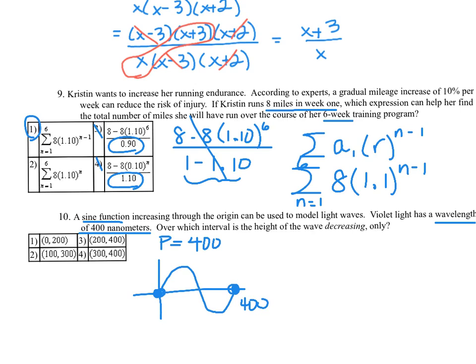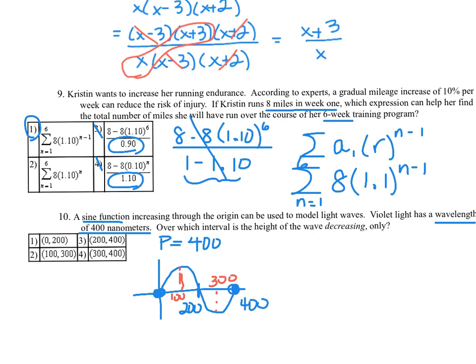Which means the middle, right here, would be at 200, half of 400. Which then means the maximum here would be at 100, and the minimum here is at 300.